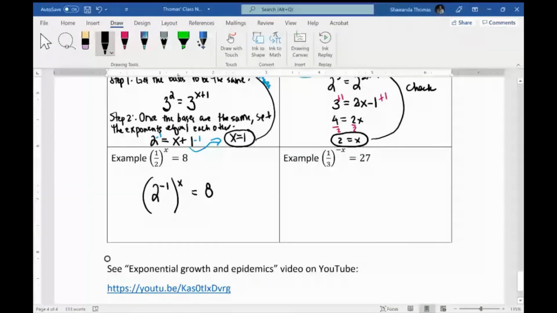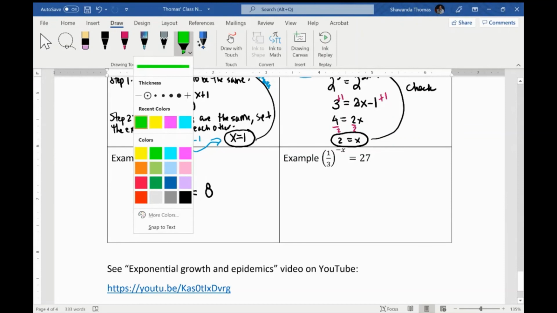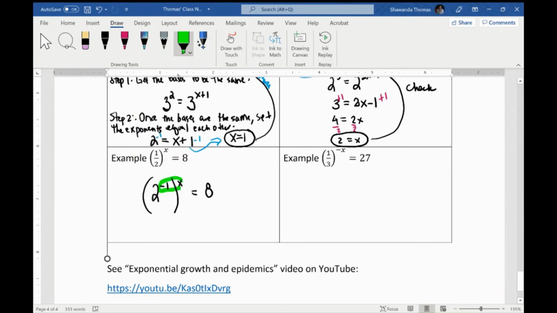Very nice. Now, there's a rule when you have exponents right next to each other like this. What can you do with these exponents right here? Multiply. Correct. So this is the same thing as 2 to the -x. And we can change this 8. Didn't we just do this? 2 to the what?